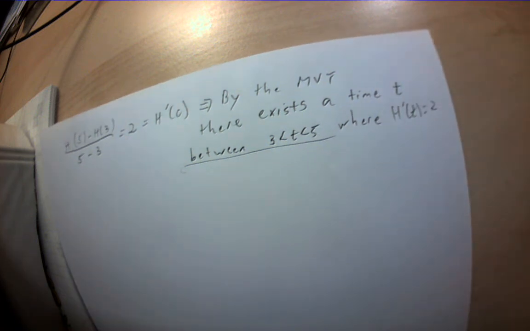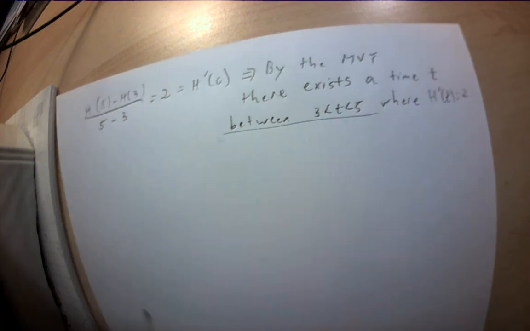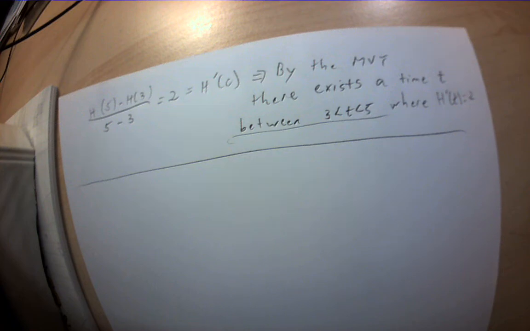So guys, you got to say that it's the mean value theorem that enables you to say that. So you're showing that the 3 conditions of the mean value theorem hold.